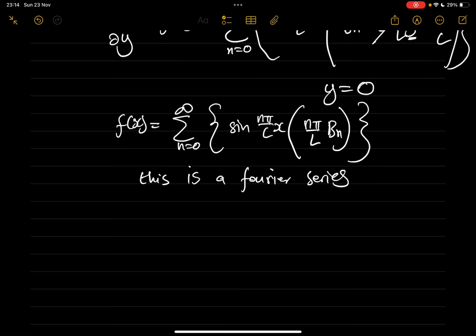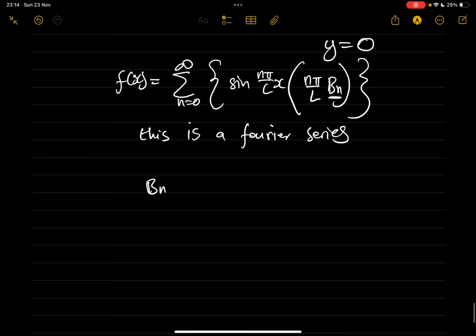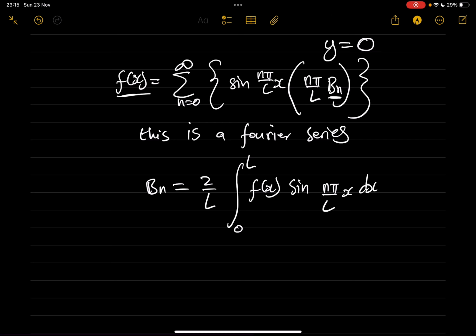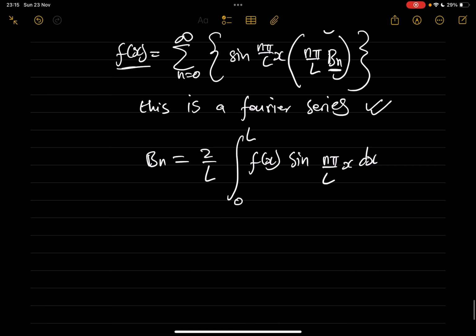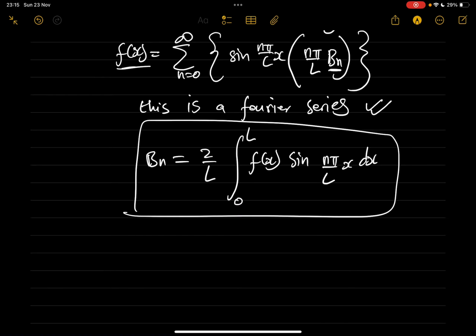And remember, for a Fourier series, we evaluated bn as 2 over l, from 0 to l of f of x, the function itself, sine n pi over l x. We did that. So if you don't have any prior information about Fourier series, you just need to go and look at it. This is the general formula for bn.